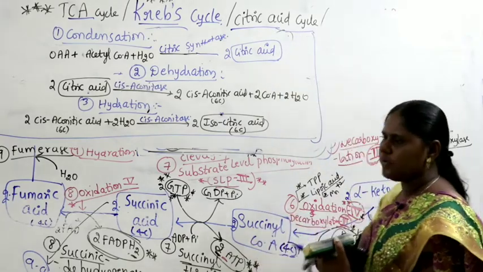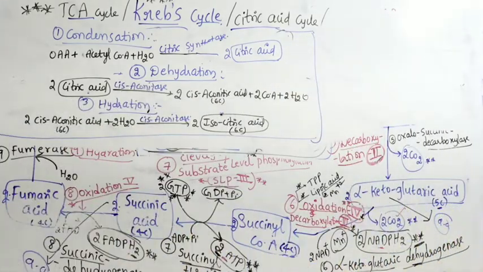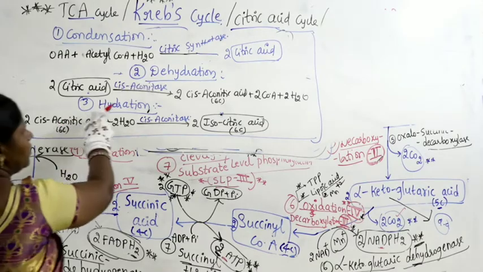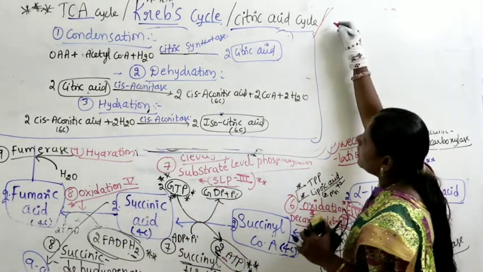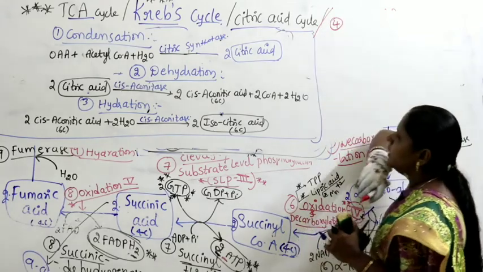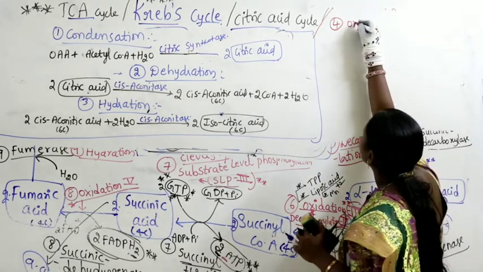Let us go with the next one, the fourth one. Let me write with the red marker. Number 3 is hydration, right? Next, the fourth one. What will we take?